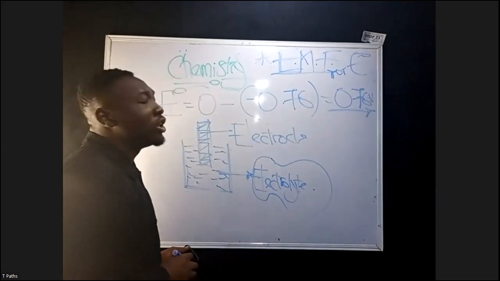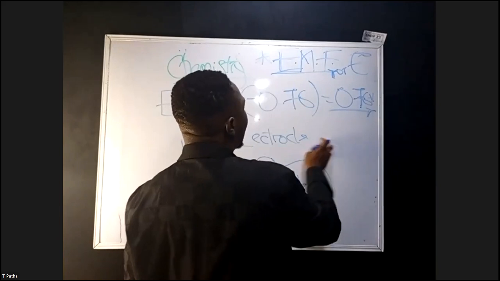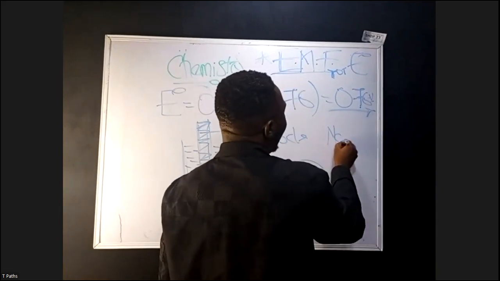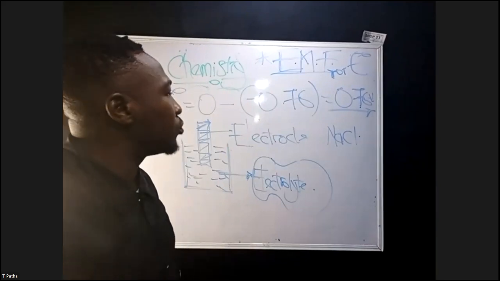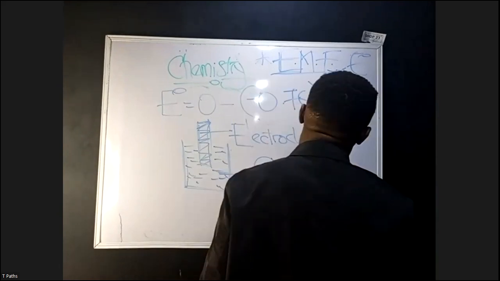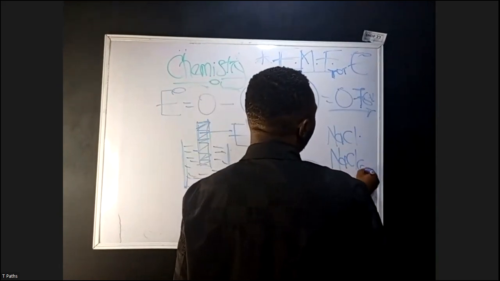Now, what you need to know about electrolyte is this. Let's consider NaCl. NaCl is a salt. We observe that when this NaCl is dissolved in water, it becomes NaCl aqueous.